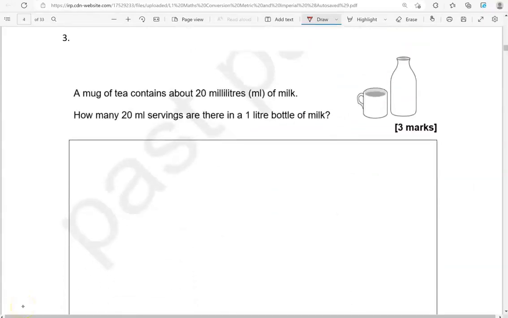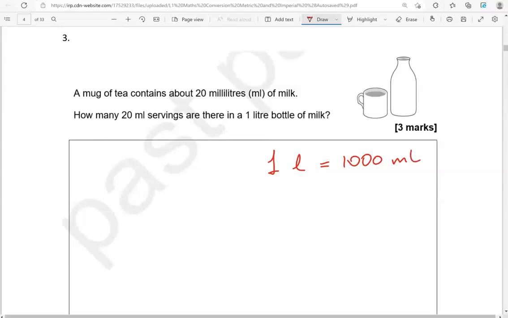A mug of tea contains about 20 milliliters of milk. How many 20 milliliter servings are there in a 1 liter bottle of milk? In 1 liter, there are 1,000 milliliters. Milliliters are very small amounts. That's why you need 1,000 of them to make a liter.